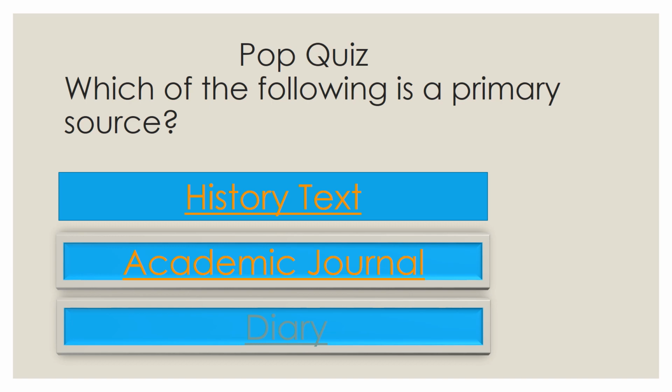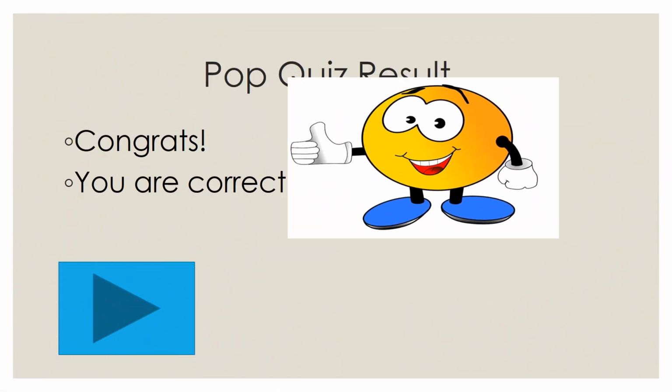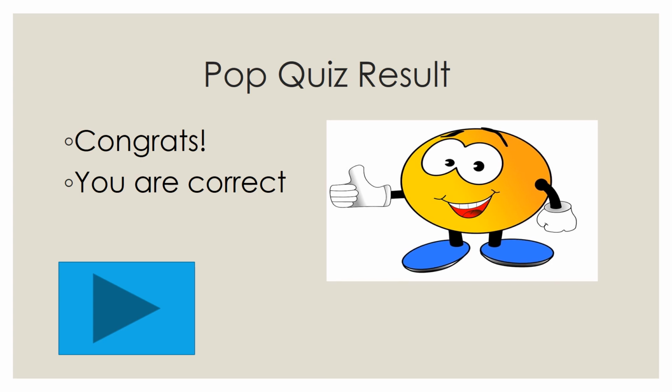Now, here we have history text, academic journal, and diary. Which of the following do you think is a primary source? If you guess diary, then you are correct. I knew you could get this right.